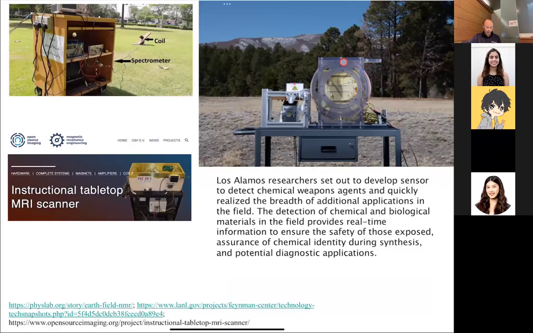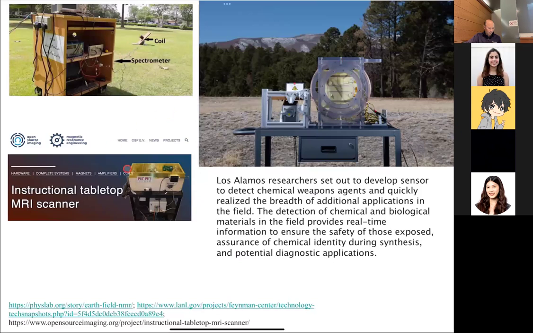This one is from Los Alamos, set up so that if you had to go to an area where there was a chemical spill or some other disaster, and you wanted to detect different chemicals, you wouldn't have to lug out an expensive MRI machine. You could just go out and use the Earth's magnetic field and look at the spectrum. I think this was done by some students here.